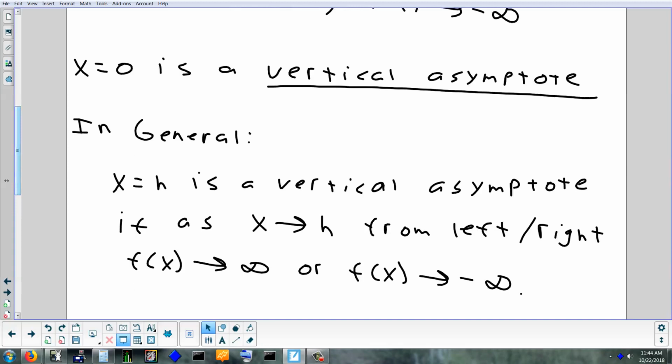So x equals a number is a vertical asymptote if, as you approach that number from the left and the right side, you either go towards infinity or negative infinity. That's a characteristic of vertical asymptotes.